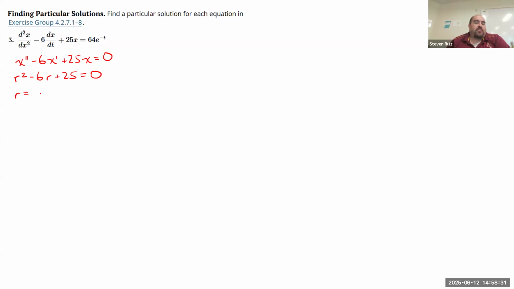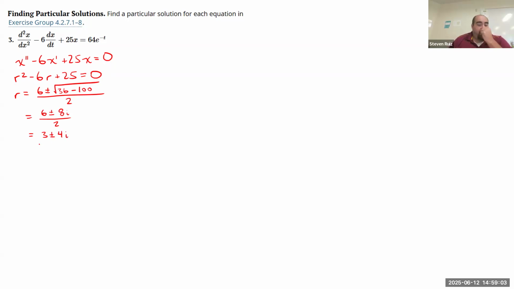So r equals negative b, so 6, plus or minus the square root of 36 minus 4 times 1 times 25, which is 100, all over 2a, so 2. So 6 plus or minus the square root of negative 64, so 8i, over 2. So 3 plus or minus 4i.